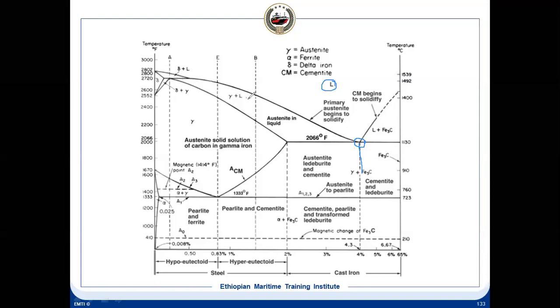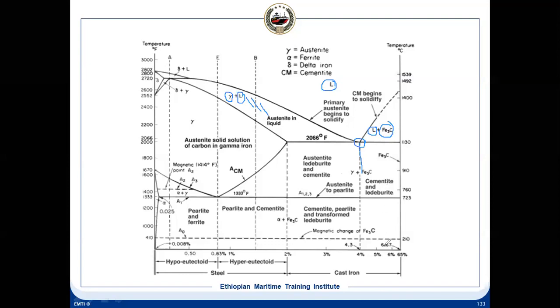And this area is liquid plus gamma. What is gamma? We know, austenite. And this side, we have liquid plus carbide, Fe3C. Why Fe3C?